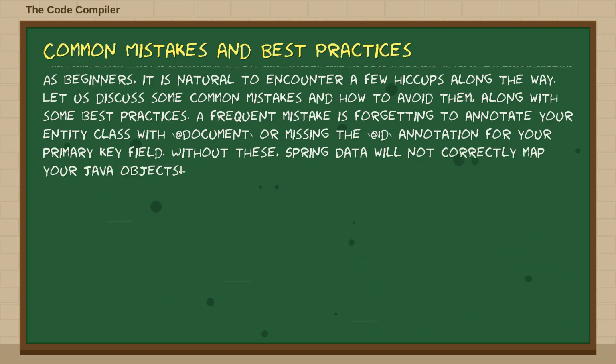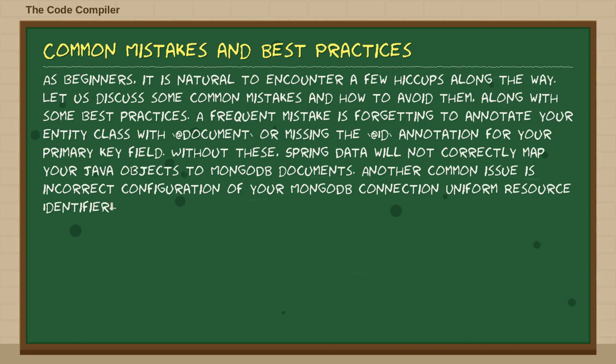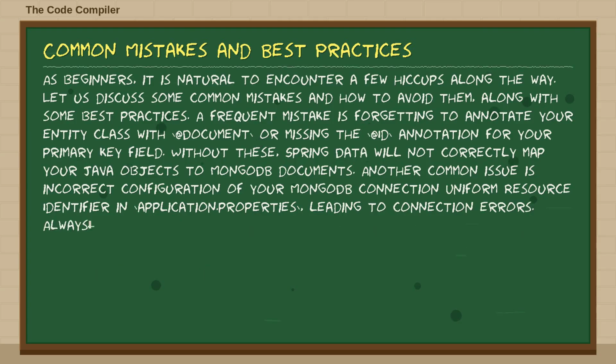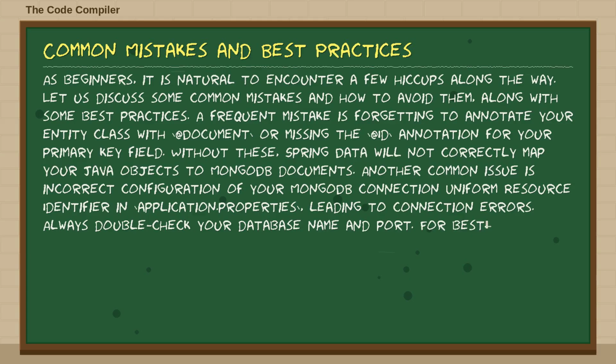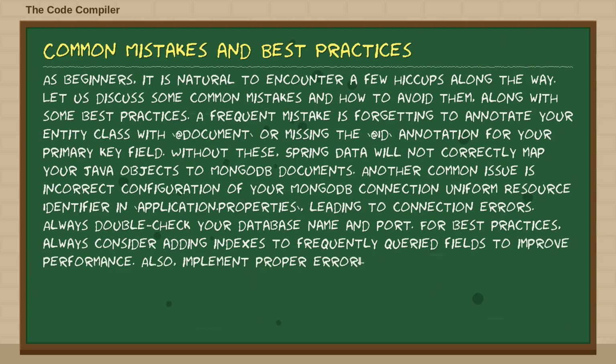Another common issue is incorrect configuration of your MongoDB connection uniform resource identifier in application.properties, leading to connection errors. Always double-check your database name and port. For best practices, always consider adding indexes to frequently queried fields to improve performance.